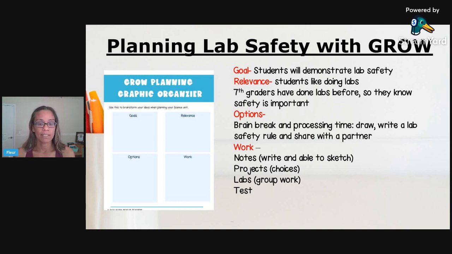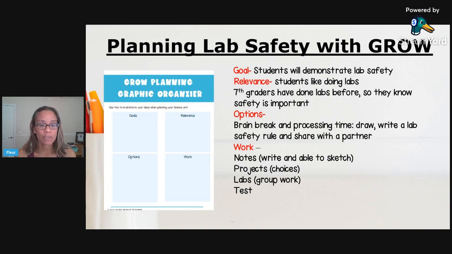Options. Again, this is the part that will look similar every single time. So for brain breaks and processing time, I'll have them draw or write a lab safety rule and share it with a partner. In my lab safety PowerPoints, I have purposely put in slides for think time and processing time. So that's part of my options. And for work, we have notes.